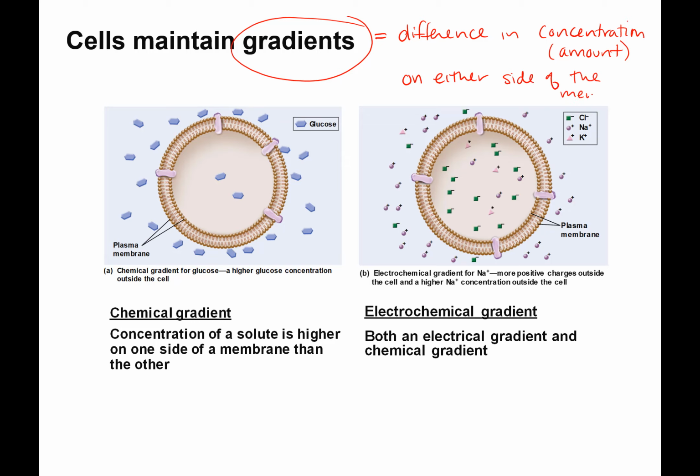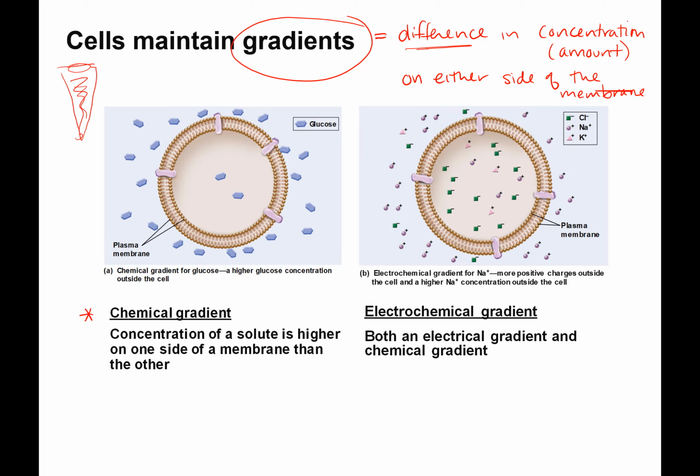So this isn't a true gradient, like we think of things going lots to little and everything in between. But there is a difference, and as molecules move, it does make this gradient. So the key is that there's a difference. We'll talk in a second about why this is important.